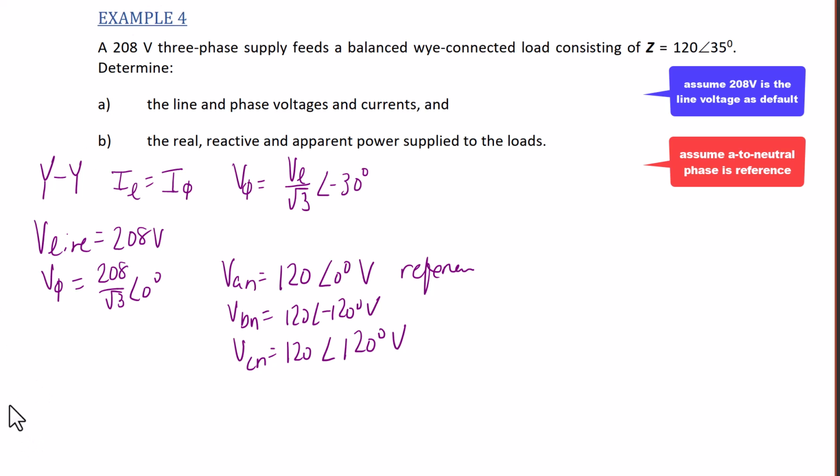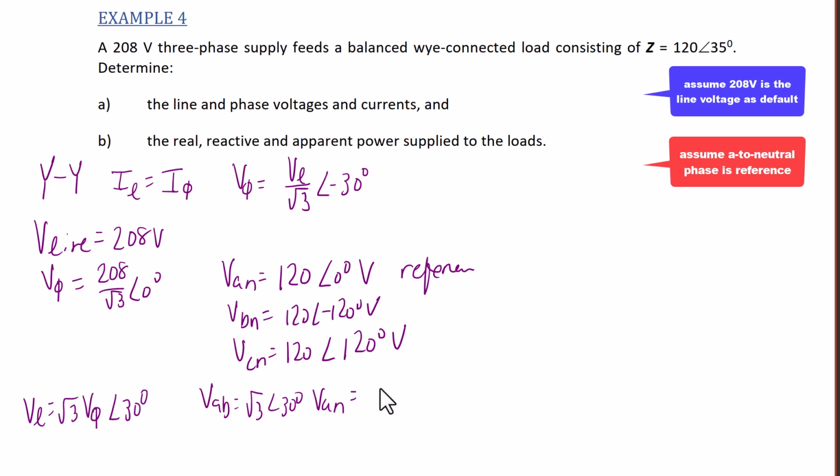So from here, we're going to find the angle for V line. V line equals the square root of 3 times V phi, with an angle of 30 degrees. So VAB is going to be square root of 3, angle 30 degrees times VAN.